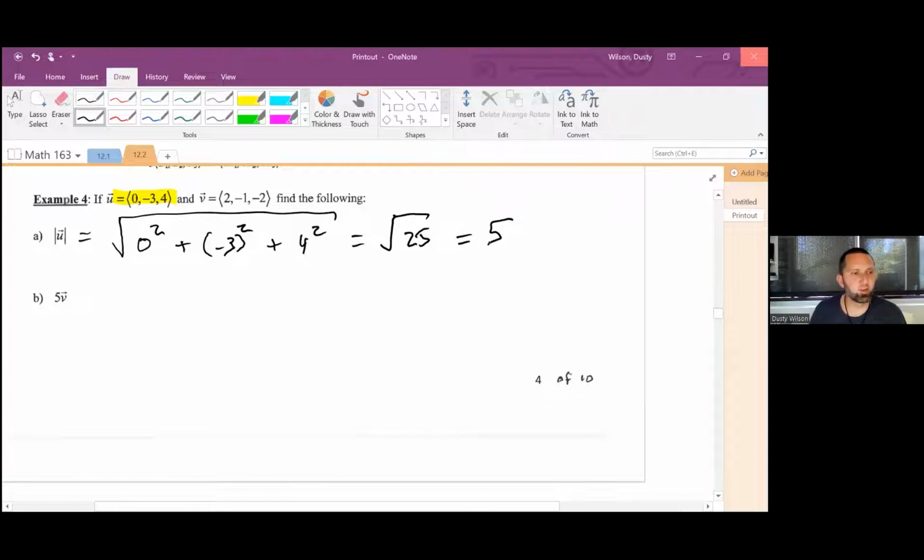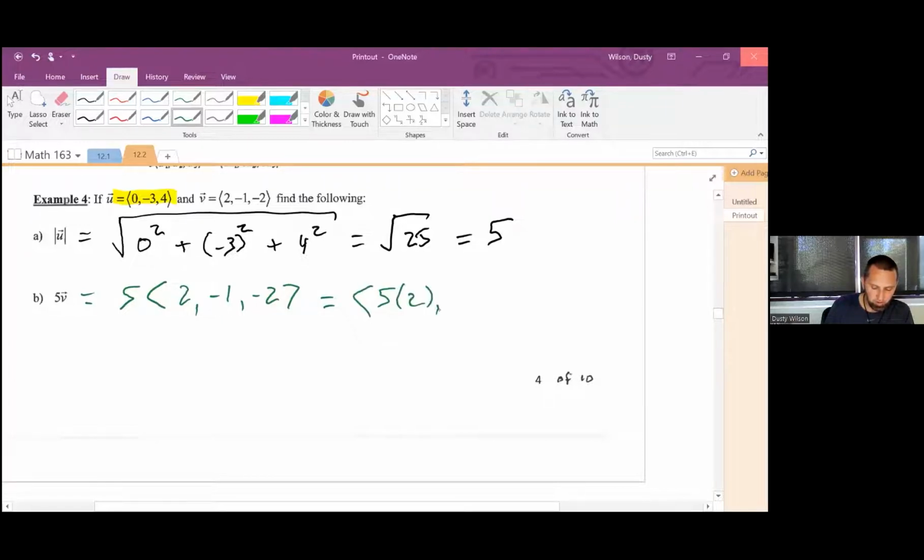So the length of vector U is equal to 5. If I wanted to find 5 times V, this would be 5 times 2, negative 1, negative 2, which would be the same as 5 times 2, comma, 5 times negative 1, comma, 5 times negative 2, or 10, negative 5, negative 10.